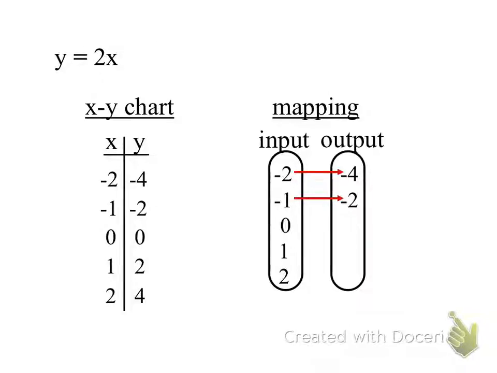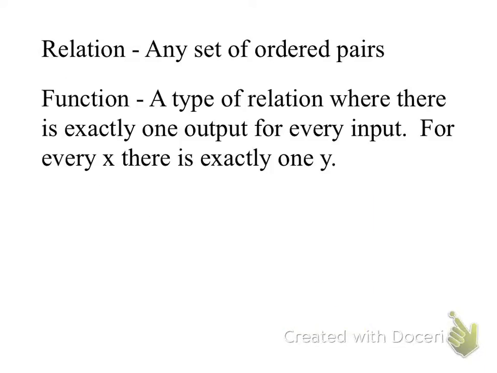That really represents 2, -4, 1, -2. And we get that from our table. This is called mapping. This is called an XY chart, a table. We can tell whether they are functions from the map. Remember, we talked about a function is a type of relation where none of the x's repeat.